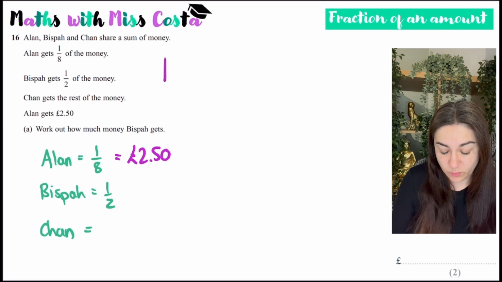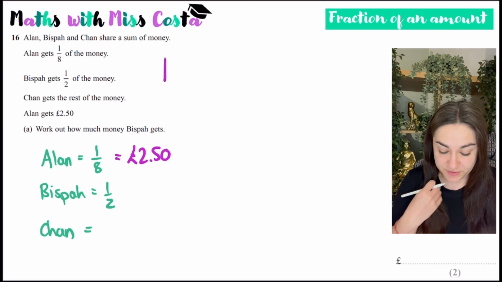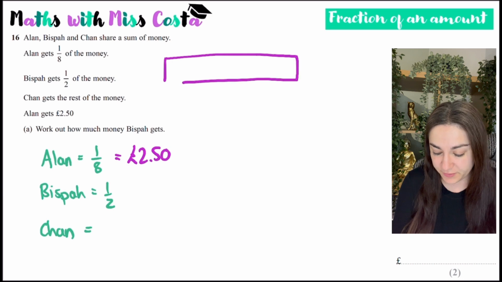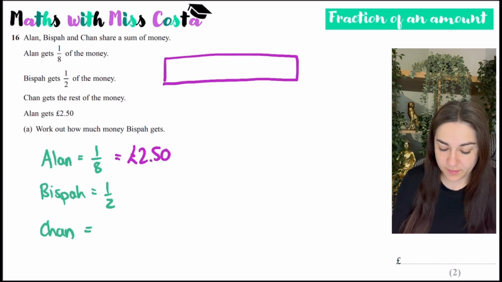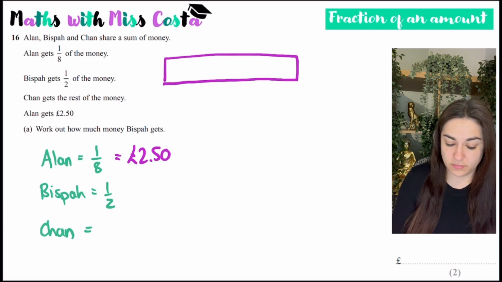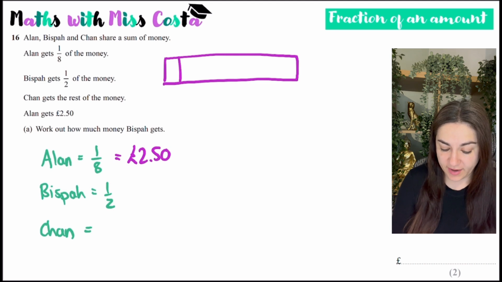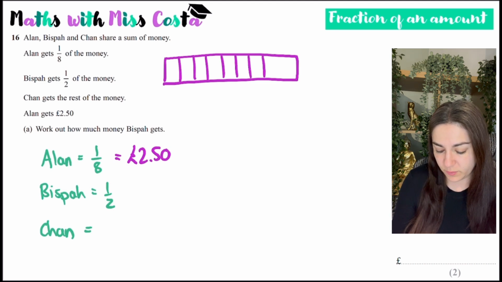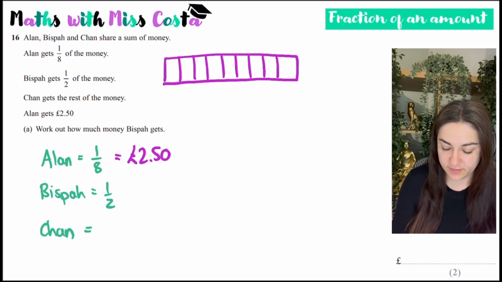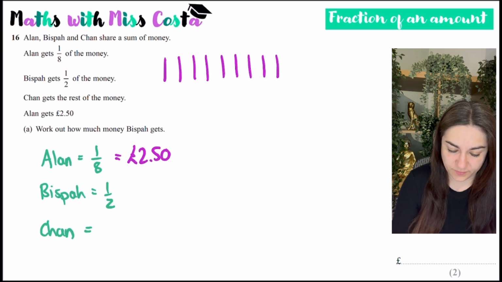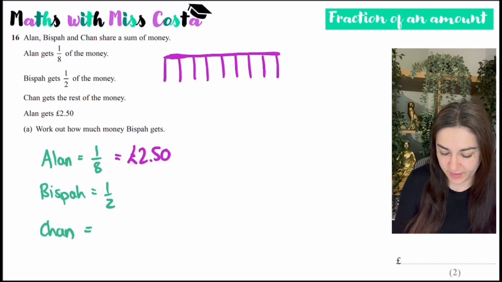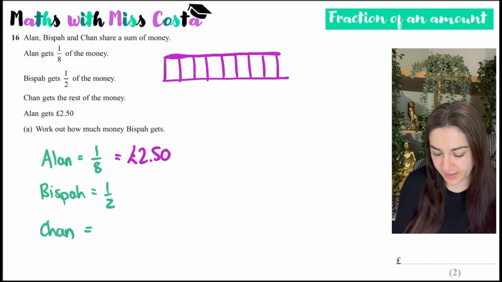There's loads of ways that we could do this question, but one of the best ways is to just visualize what's going on. So I know that the money is split between Alan, Bispa and Chan. I know that Alan gets 1 out of the 8 parts. So I've got 1, 2, 3, 4, 5, 6, 7, 8.